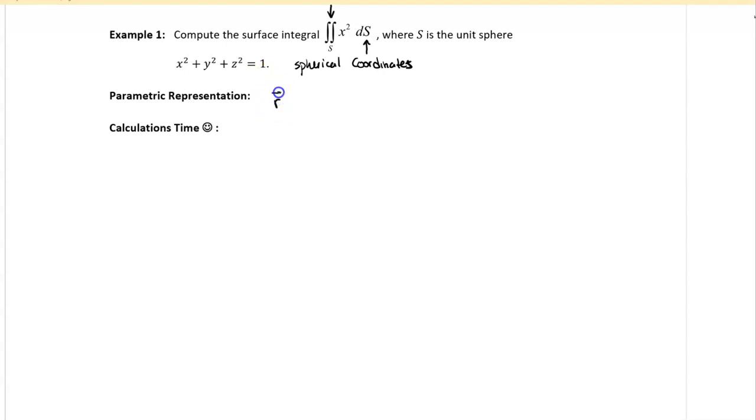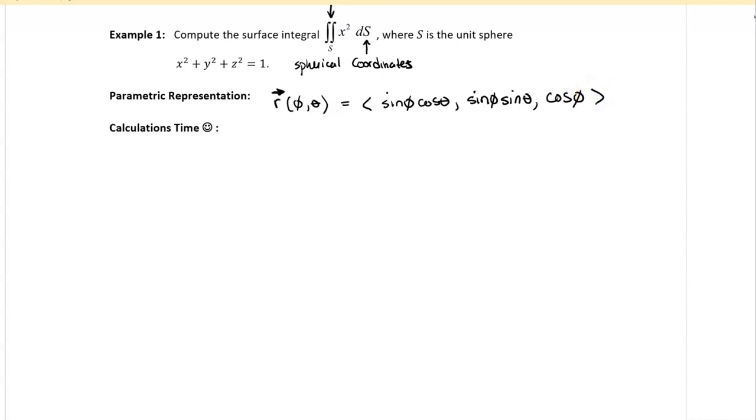So our parametric representation, because our sphere has a radius of 1, let's just use phi and theta instead of u and v. We can do 1 sine phi cosine theta, 1 sine phi sine theta, and 1 cosine phi.